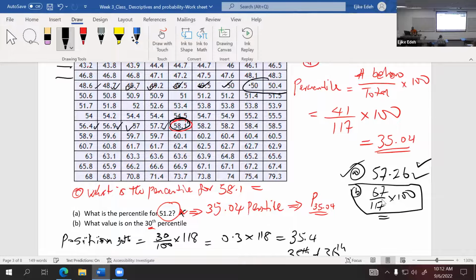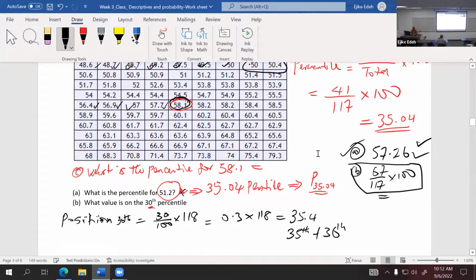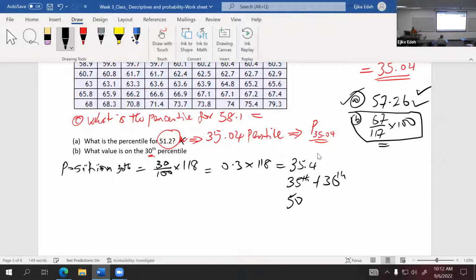So we're going to be adding these two together: 50 plus 50.4, divided by 2. That gives us 50.2. So that becomes the answer.